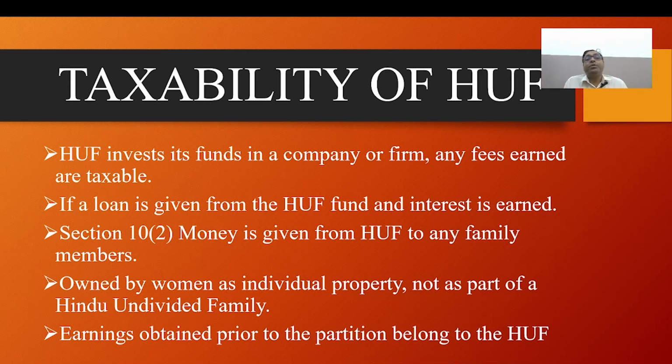Stridhan refers to property owned by a woman, an individual property, not part of the Hindu undivided family. It is a very important point because every family has Stridhan. This Stridhan is an individual property of a woman, not part of the Hindu undivided family.